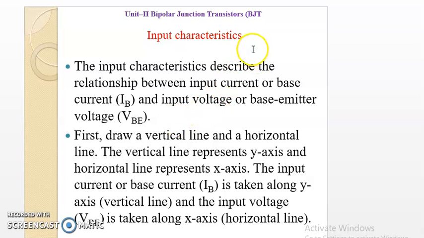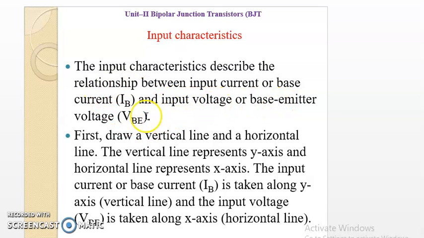So, in case of input characteristics, now let's discuss in detail about input characteristics. The input characteristic describes the relationship between input current, our base current, and the input voltage or base emitter voltage. Already I have told you, input characteristics can be studied with the help of input current and input voltage.